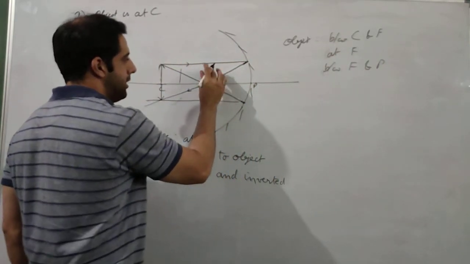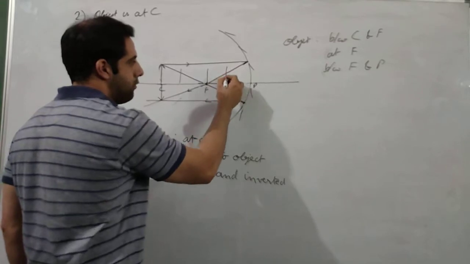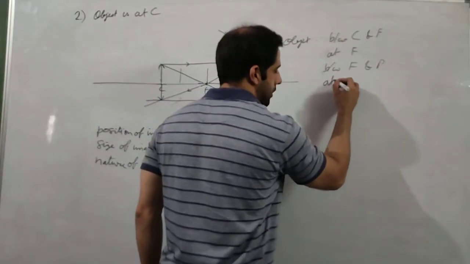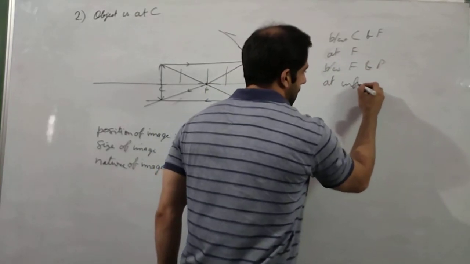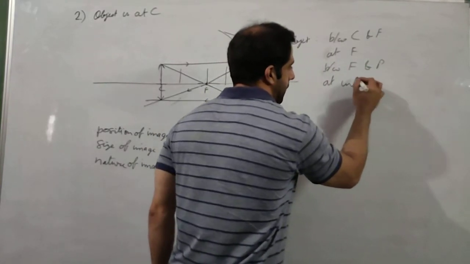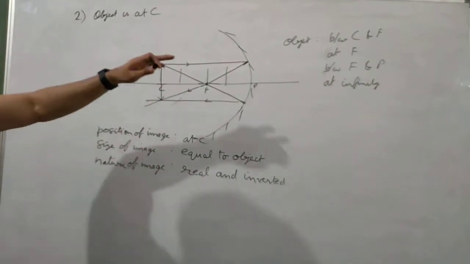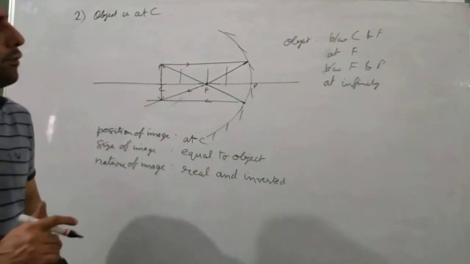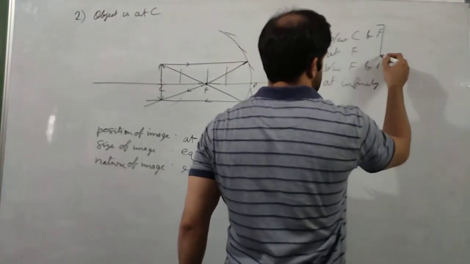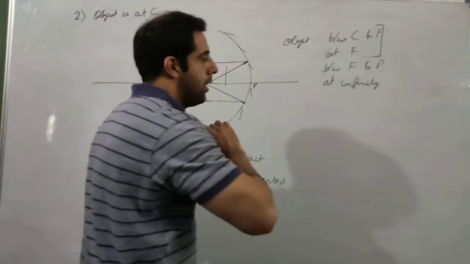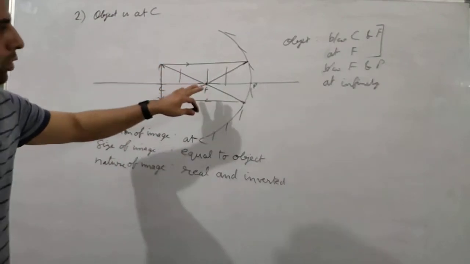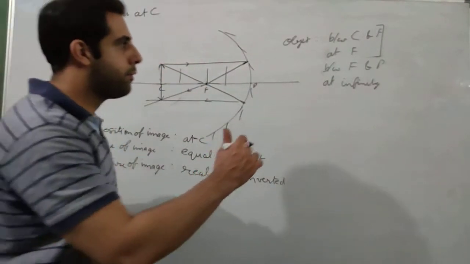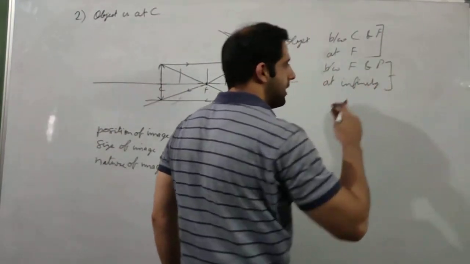So at focus will be here, between focus and pole will be here, and also the object can be at infinity. It will be very far away. So we are going to handle all of them in the upcoming videos, and for these two at least we will follow the same rule that we have applied here. We will take 2 rays like this for these two, but for these two we will take the rays differently.